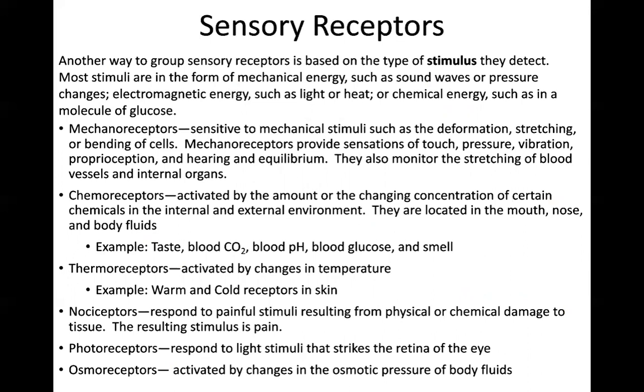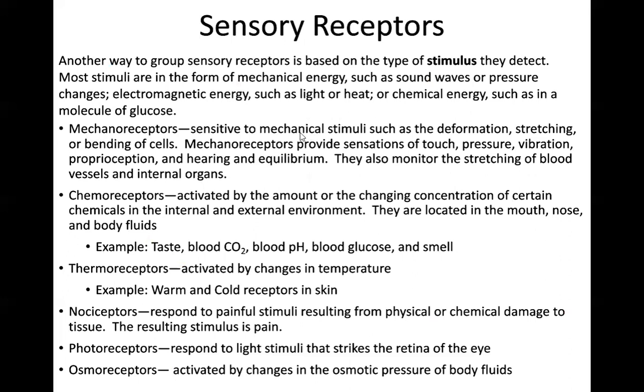Could be chemical energy, like in a molecule of glucose that we taste, whether that's on our tongue or, and I say this really loosely, in our blood, so that we can regulate our blood sugar. So the classifications this way are mechanoreceptors, chemoreceptors, thermoreceptors, nociceptors, photoreceptors, and osmoreceptors.